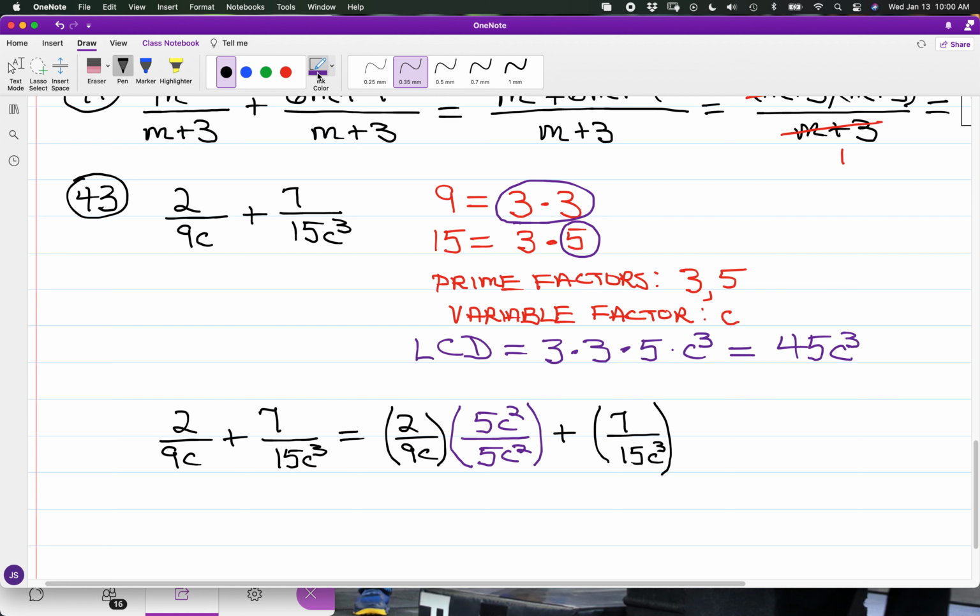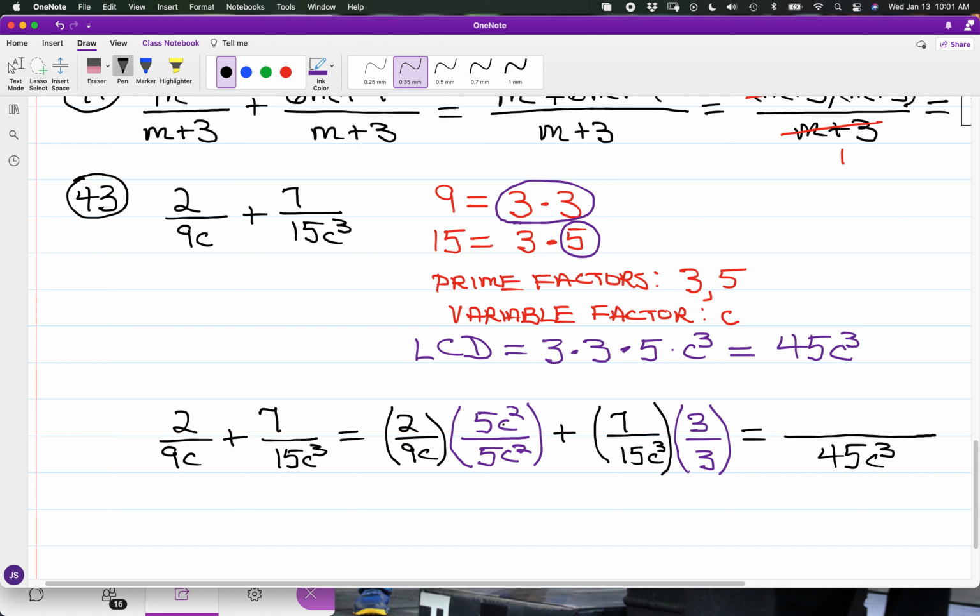And we have 7 over 15c cubed. Okay, so 15 into 45 will go 3 times, and we already have c cubed in this denominator. So we're going to multiply by 1 in the form of 3/3. And both denominators, okay, we now have in the form of 45c cubed.